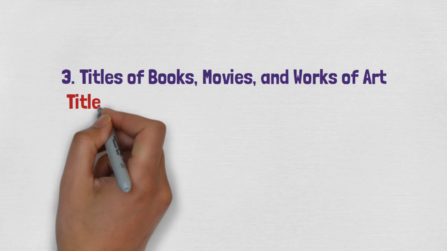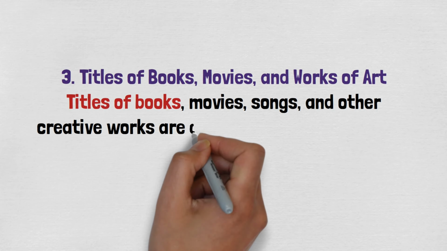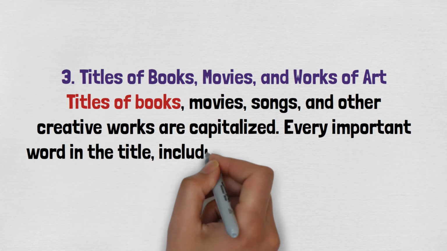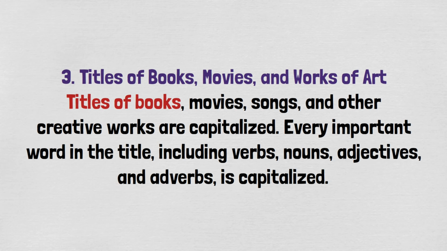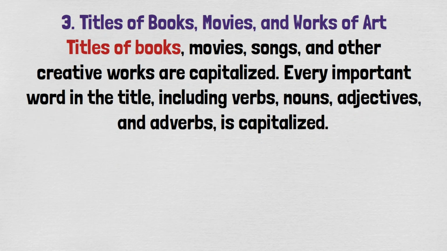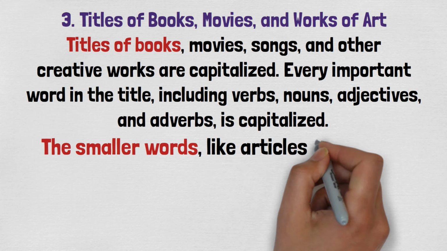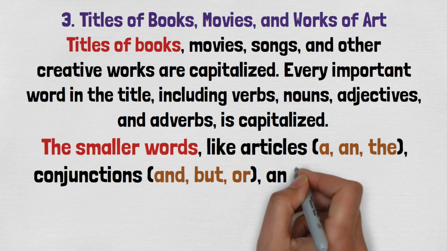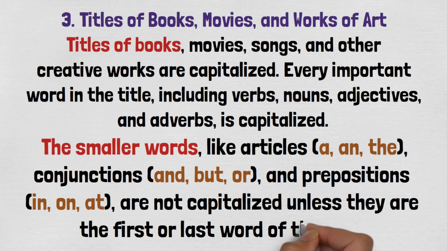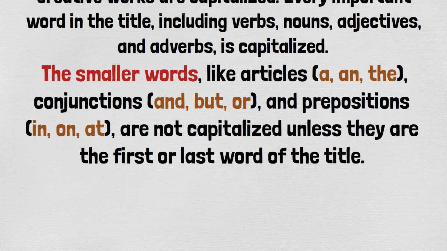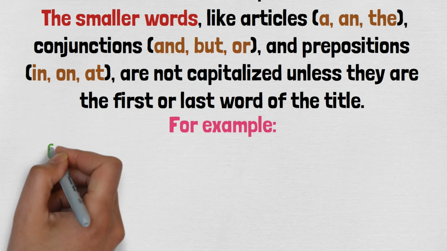3. Titles of books, movies, and works of art. Titles of books, movies, songs, and other creative works are capitalized. Every important word in the title, including verbs, nouns, adjectives, and adverbs, is capitalized. The smaller words, like articles a and the, conjunctions and, but, or, and prepositions in, on, at, are not capitalized unless they are the first or last word of the title.